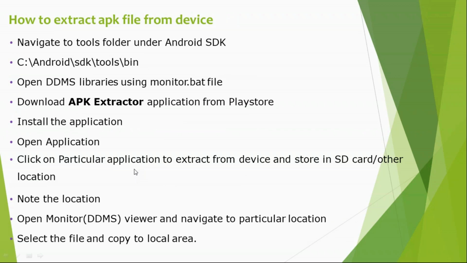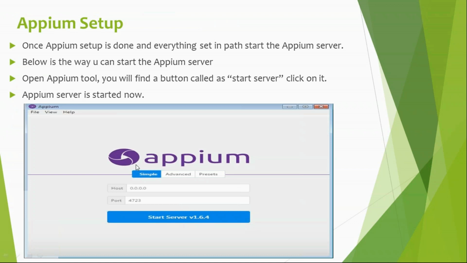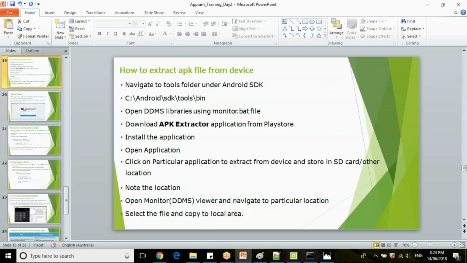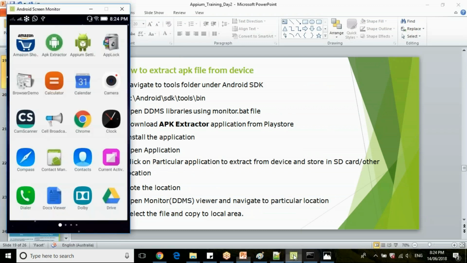Then in tomorrow's session, we'll see how to set up APM. Let's say you downloaded any application from App Store or from Play Store. Let me open my screen. Amazon is my application which is downloaded from App Store.